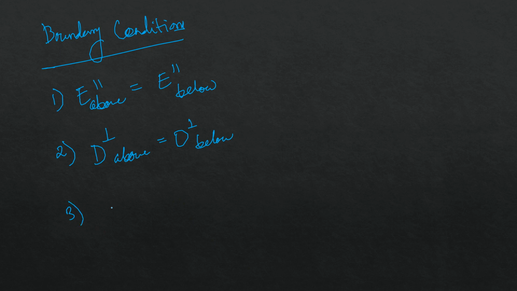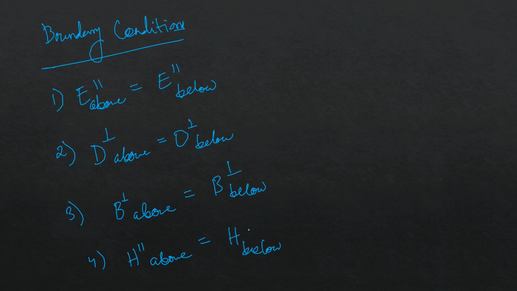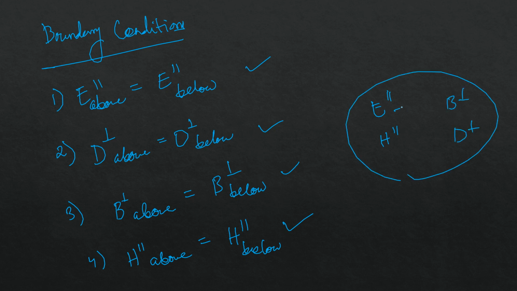Third, B perpendicular above is equal to B below perpendicular, and H above parallel is equal to H below parallel. So E parallel, H parallel, B perpendicular, D perpendicular are continuous. This is the way to remember it.